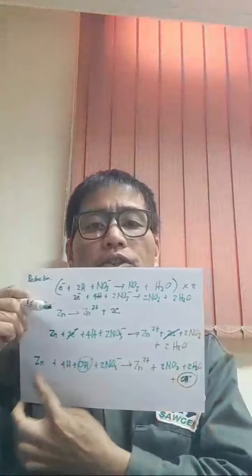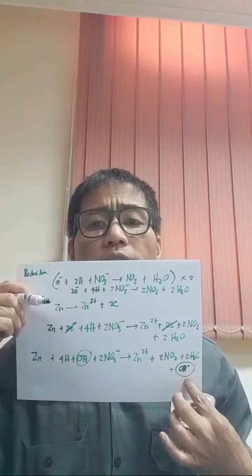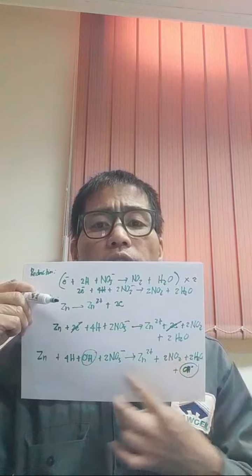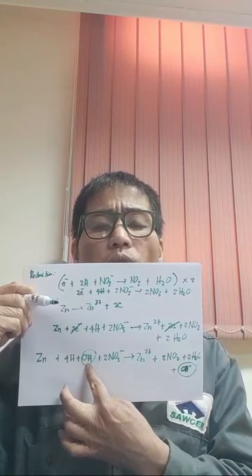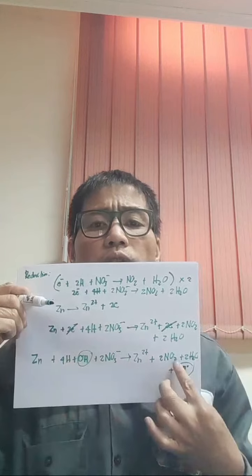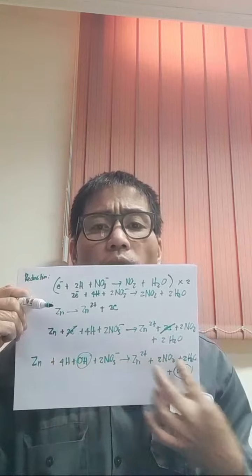We need to add OH on both, since this is a basic solution. Now find the common. There is water here and water here. So this is the same as 4H2O, 4 moles of water. So 2 moles of water is common, so this must be cancelled with 2 moles of water here, on both sides.